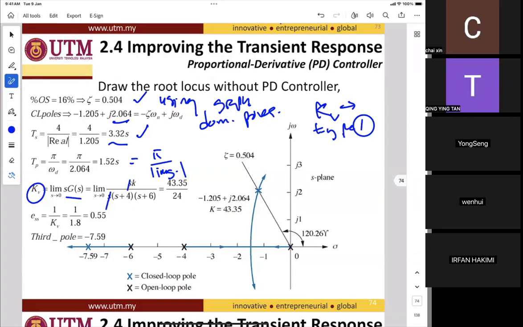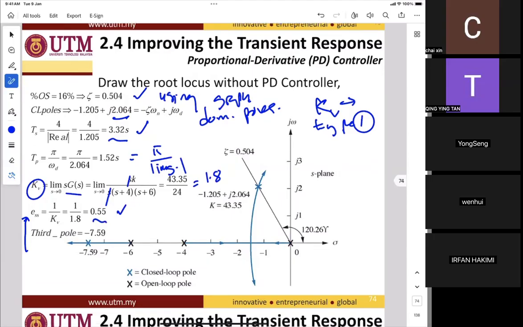So the Kv is equal to 1.8. This Kv goes into the steady state error formula for a type 1 system, which is 1 over Kv. 1 divided by Kv, the error is 0.55.